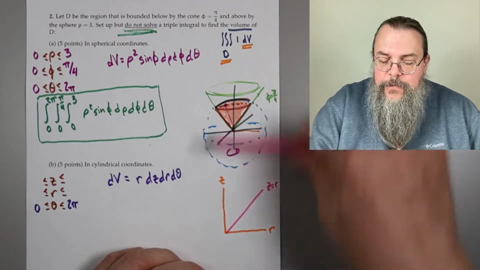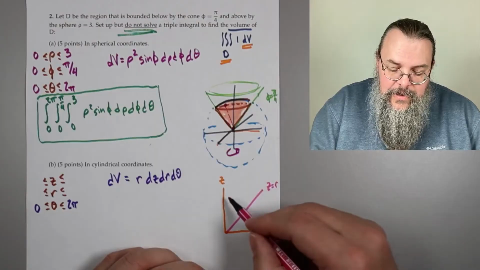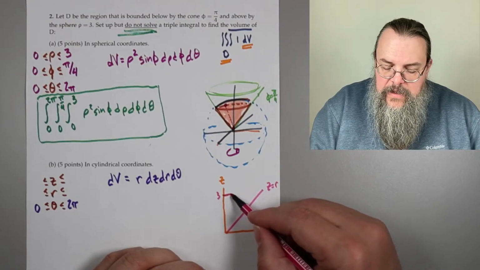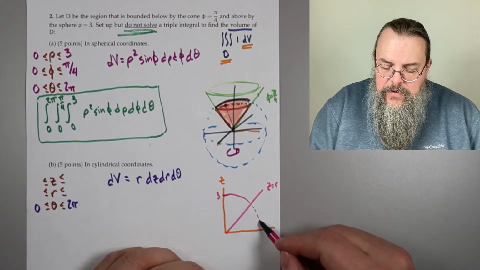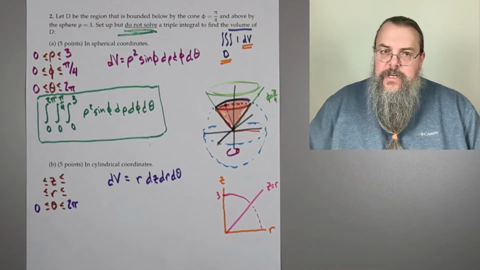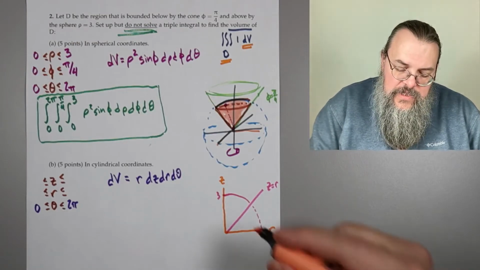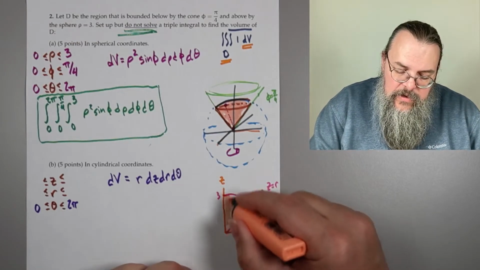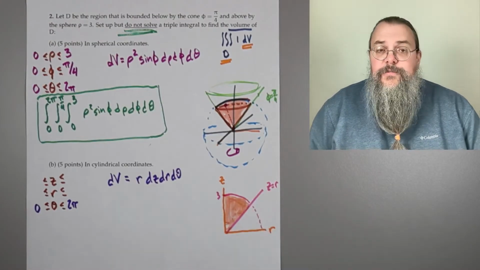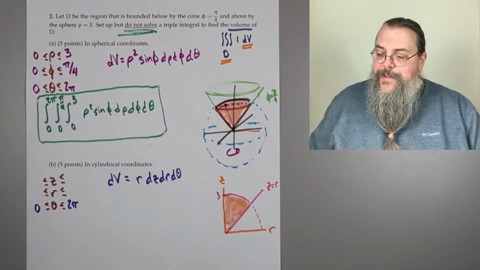Well, the sphere, if we slice, is going to look like a circle. Hits at 3, and it's going to come down. And so our region now, in terms of just this slice, is here. All right, so now we just sort of need to get some bounds going on, and life is good.